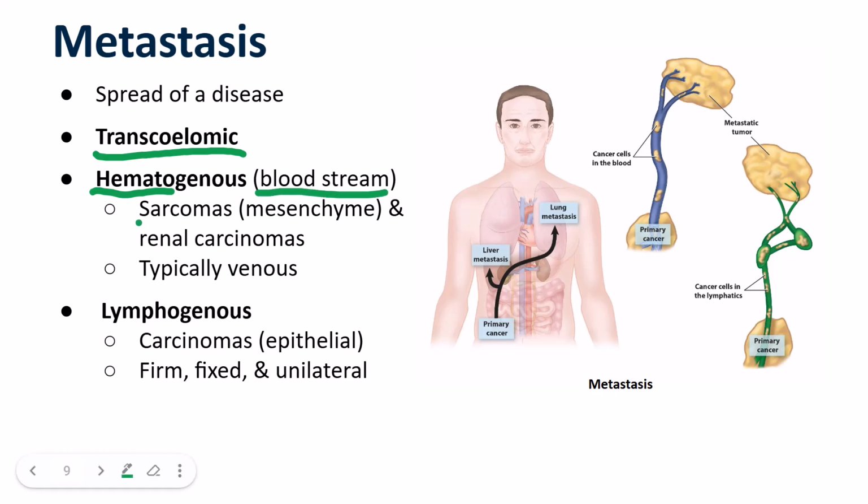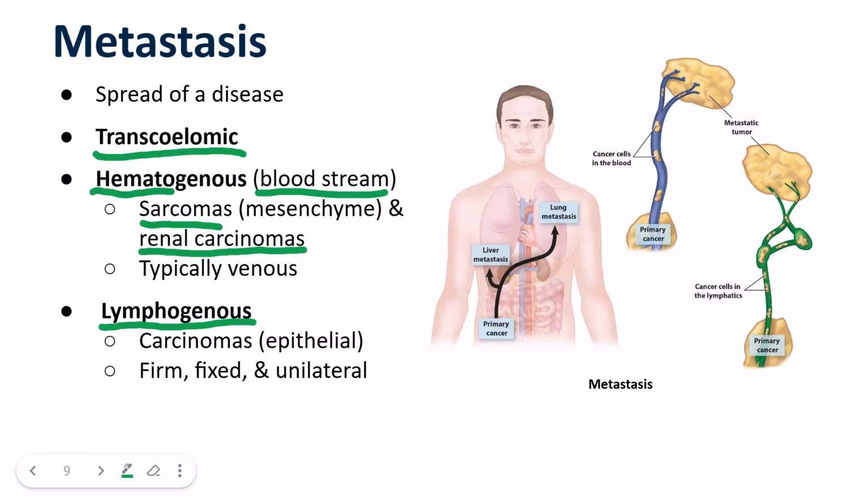This is very common for types of cancers called sarcomas, which are derivatives of mesenchyme, as well as specifically renal carcinomas. Hematogenous metastasis is typically also venous, so it follows the pattern of venous drainage. So understanding the differential tributaries of veins can be very helpful for following this spread. Metastasis may also be lymphogenous, meaning it's following the lymphatic system.